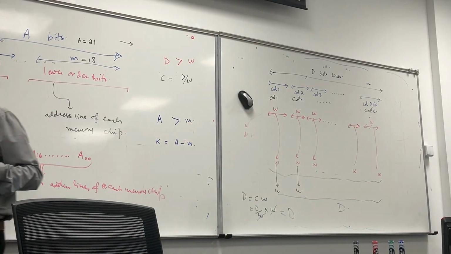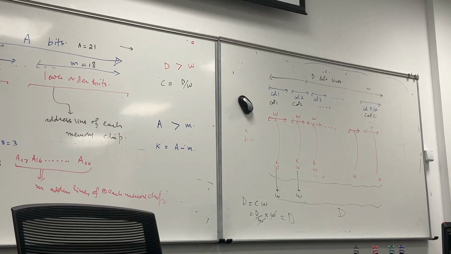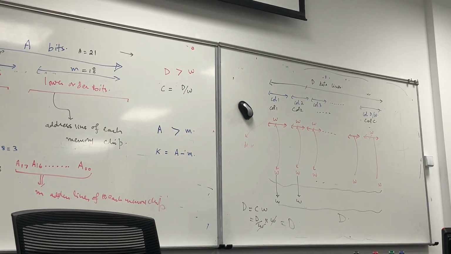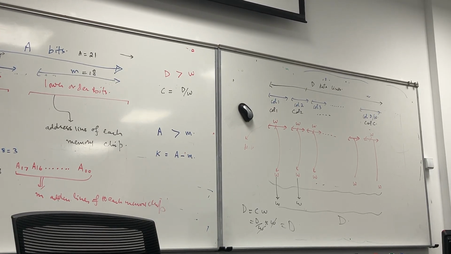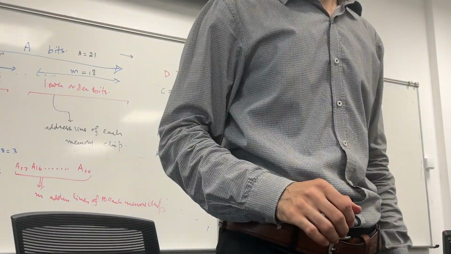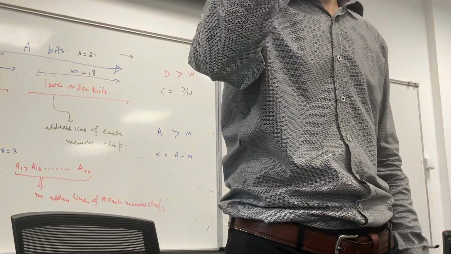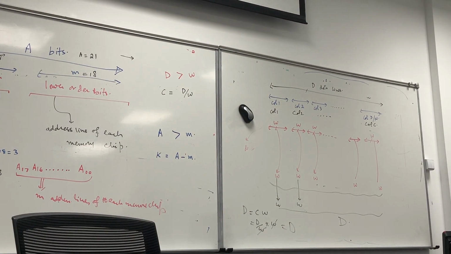Okay, I will explain this with another example. Let's assume we have a class and I want to access 8 students at the same time in each row. What is the address of this row? 0. This row? 1, 2. If I am treating only this partition, how many students can I access at the same time? 4. But I want 8 students, so I need 2 memories, the first memory and the second memory.